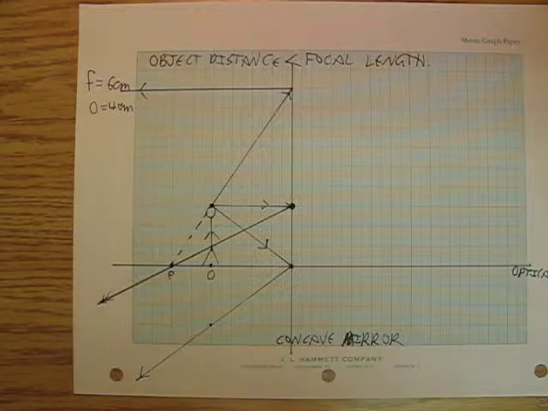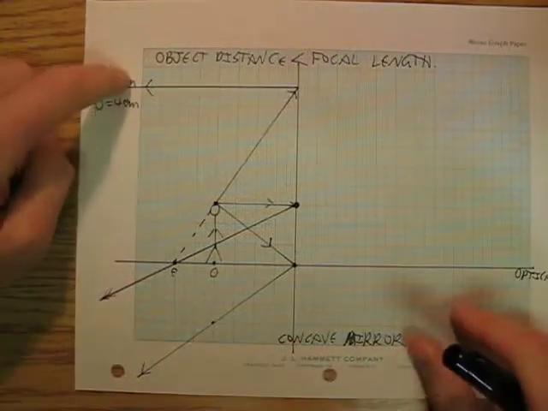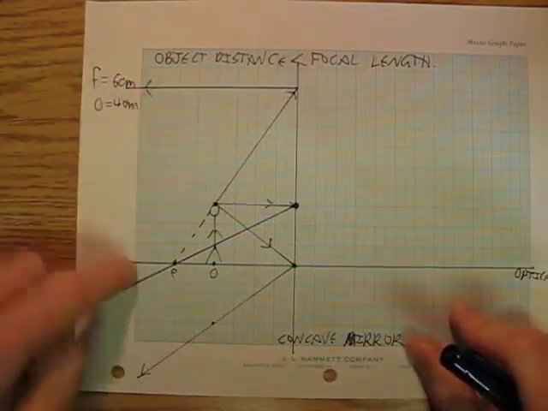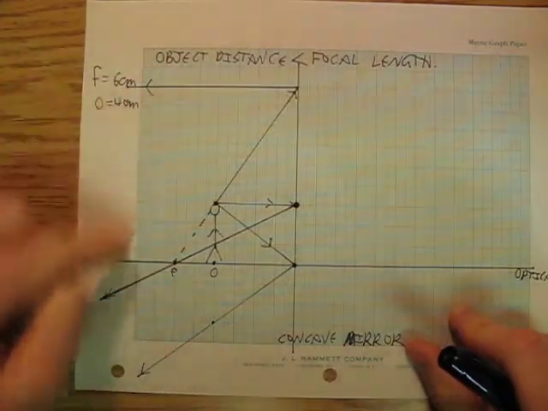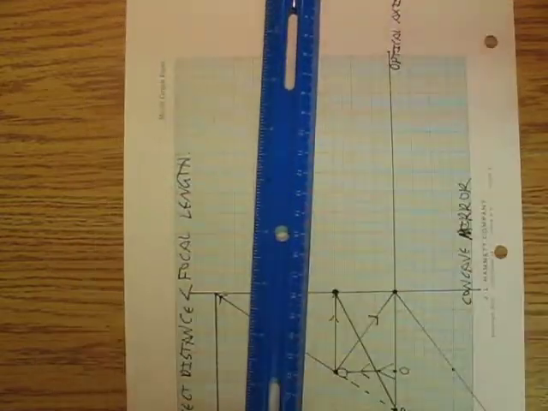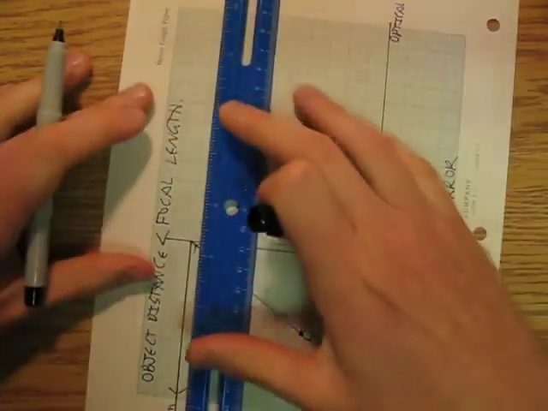But right now we've got a virtual image because the question is, we have to say, where would these have met if they all came from one spot? So what we have to do is we have to back them up.